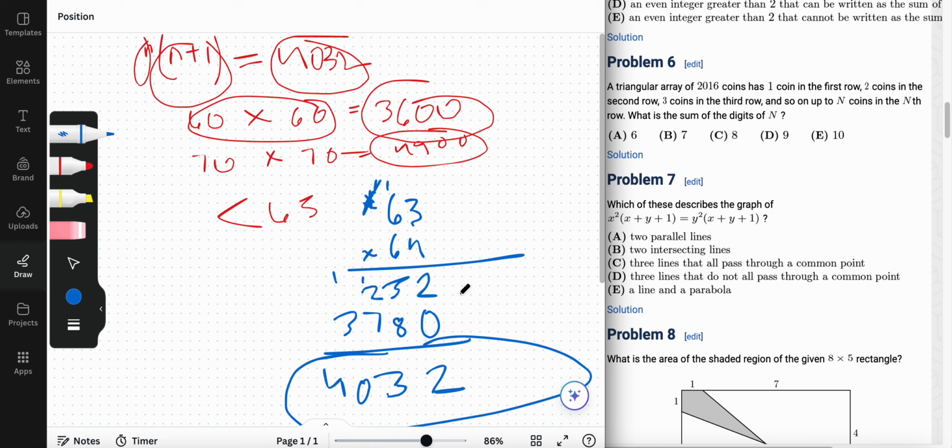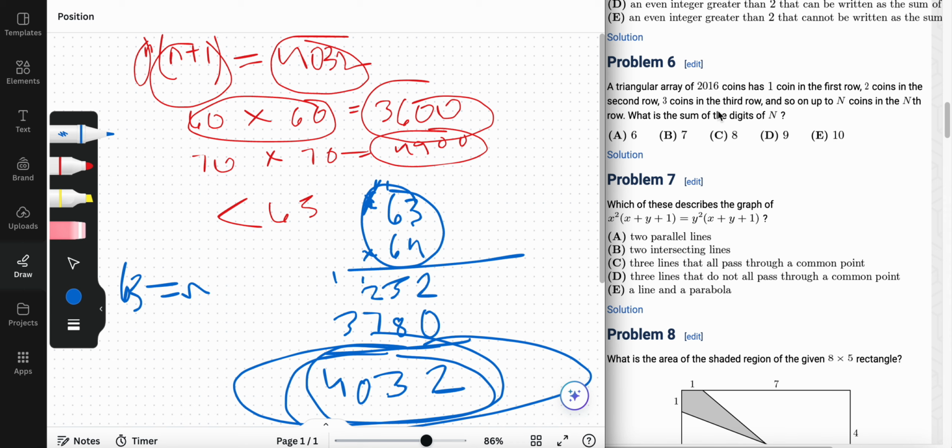Okay, so I get 4032, so I'm right. This is correct: 63 is equal to n. But this is not my answer, because the question is asking for the sum of the digits. 6 plus 3 is 9. So 63 equals n, and 6 plus 3 is equal to 9.